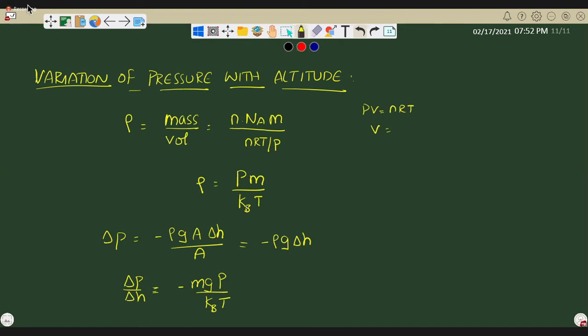Density is Pm divided by k_B T, so instead of density I'm replacing it with this, and I get minus m g P by k_B T. Now I will integrate on both sides. What I will get is pressure at a height equal to initial pressure P naught into e power minus m g h divided by k_B T.